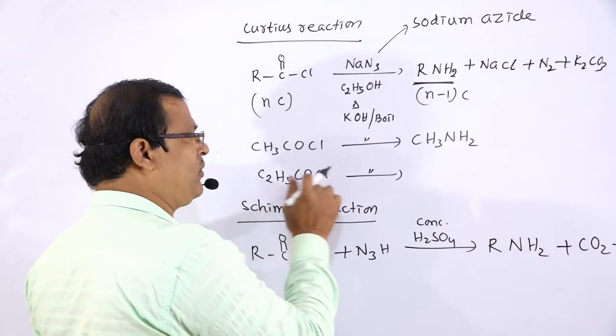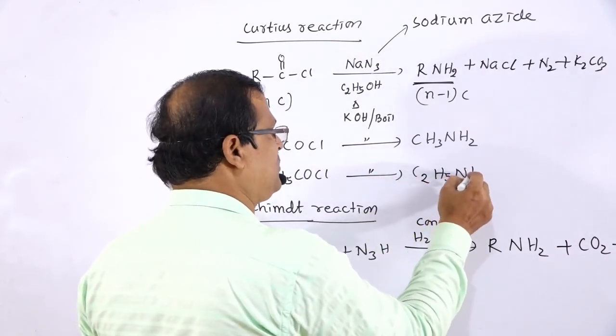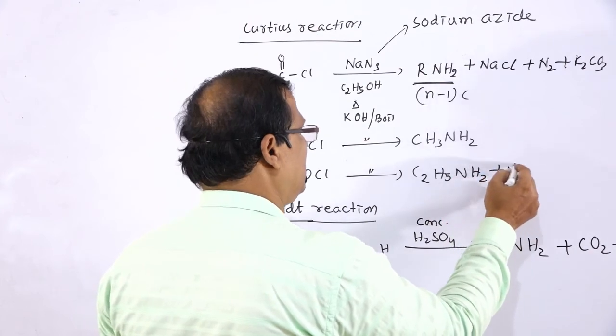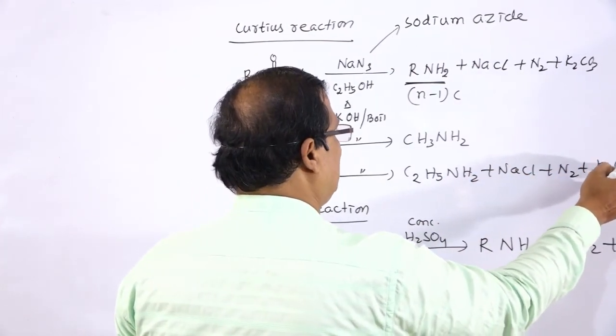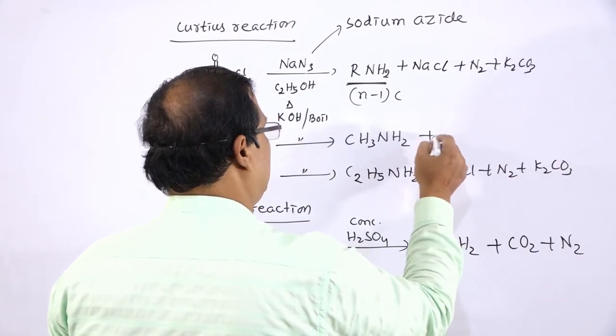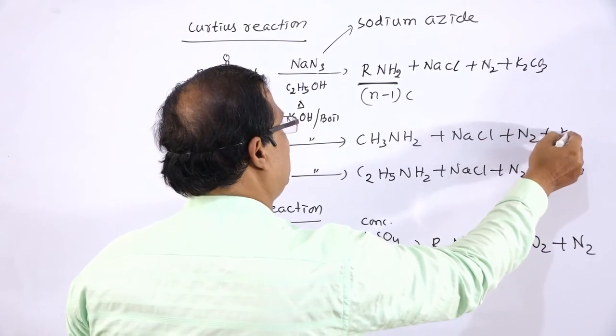Propanoyl chloride gives C2H5NH2 plus NaCl plus N2 plus K2CO3.